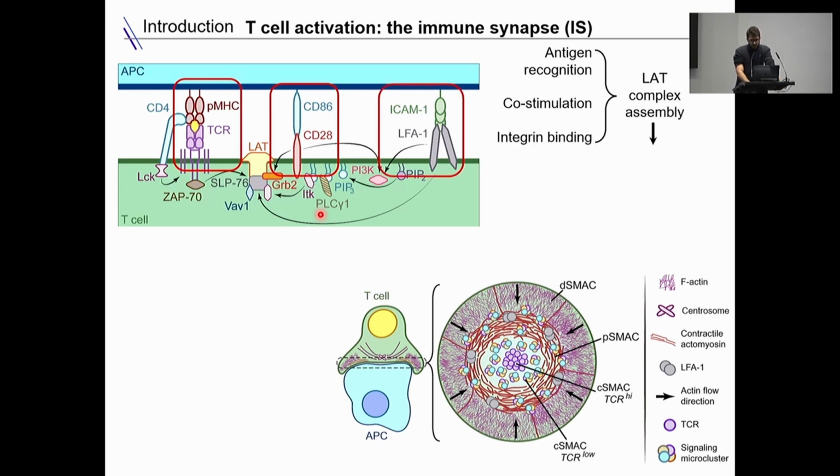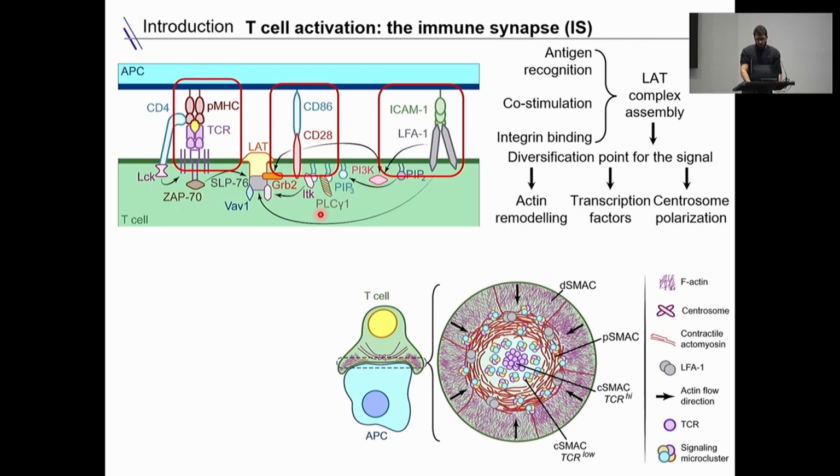These three signals converge in the assembly of the LAT complex, and this complex is at the diversification point for the signal that promotes the actin cytoskeleton reorganization, the polarization of the centrosome, and the translocation of different transcription factors to the nucleus of the T cell to achieve the T cell activation.